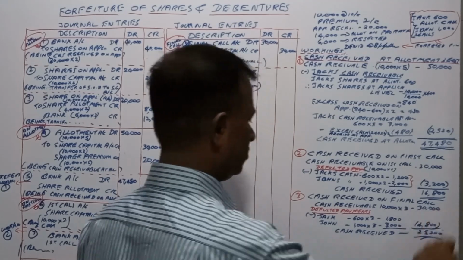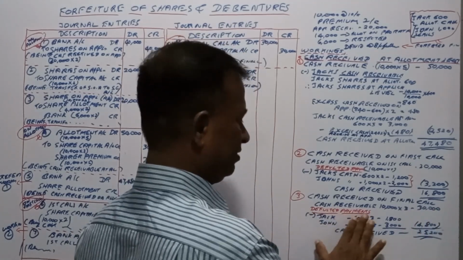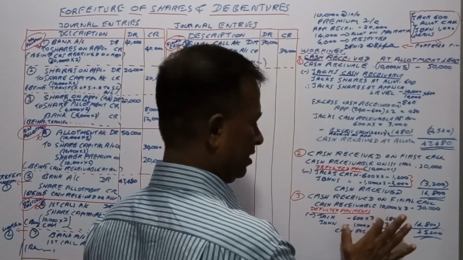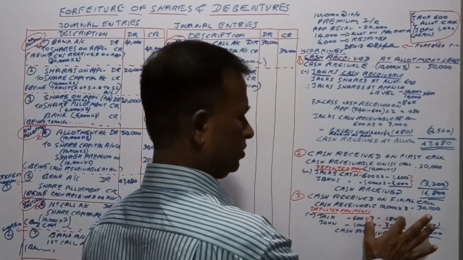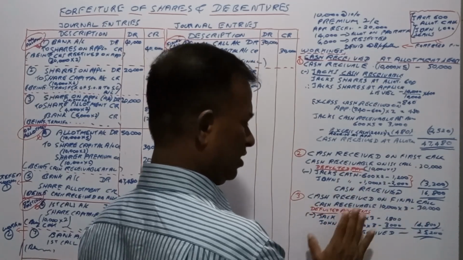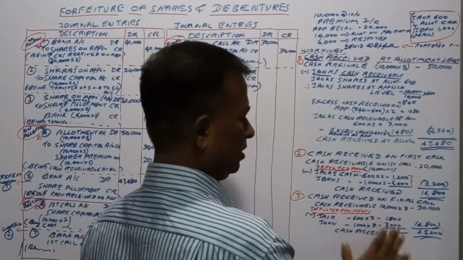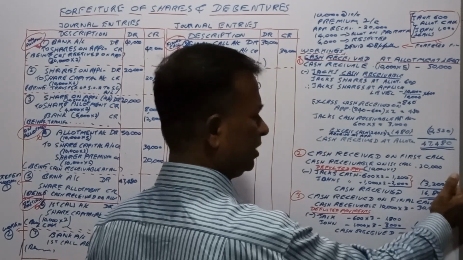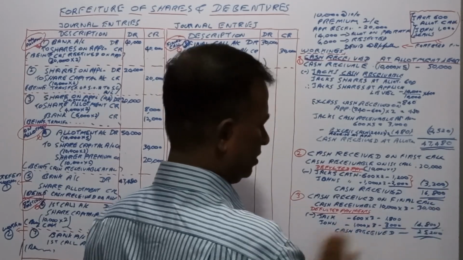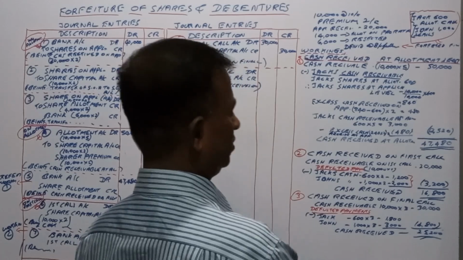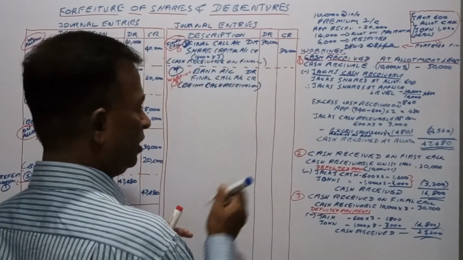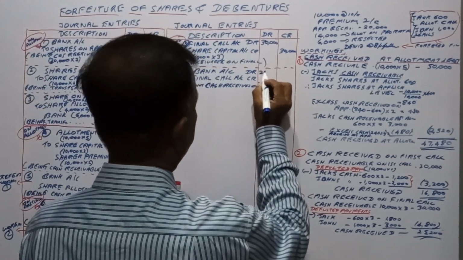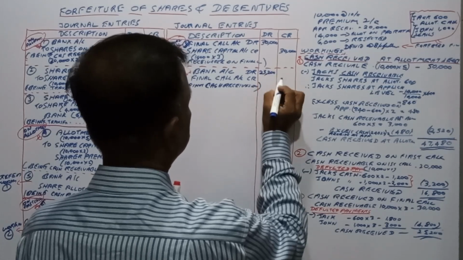That is 30,000. Jack defaulted payments, 600 into 3, 1,800. John 1,000 into 3, 3,000. Then total is 4,800. That has to be deducted from 30,000. Then cash received is 25,200.